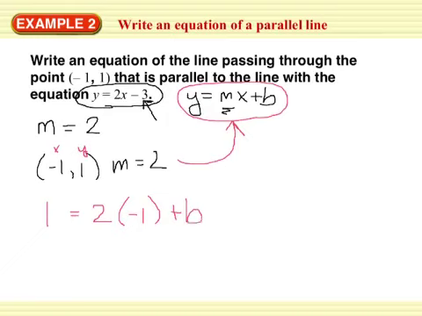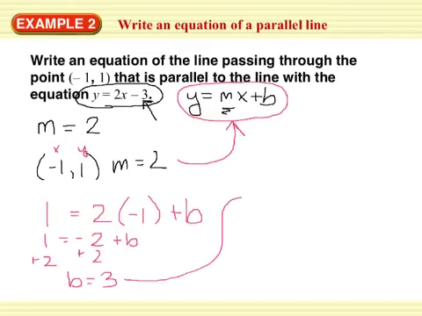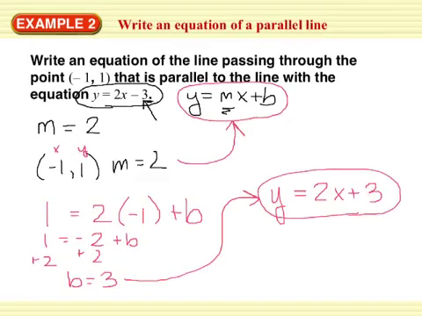We're solving for b. 1 equals negative 2 plus b. I have plus 2 and plus 2. b equals 3. So now we can finish our problem. Now it's parallel, so my slope is the same, and we just figured out what b is. There is the answer.